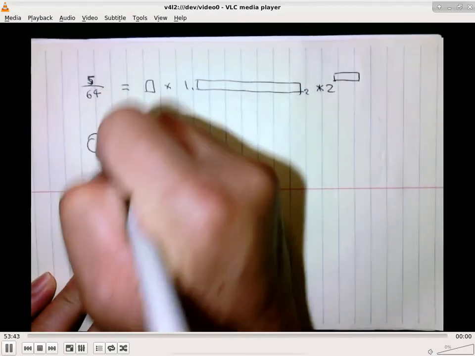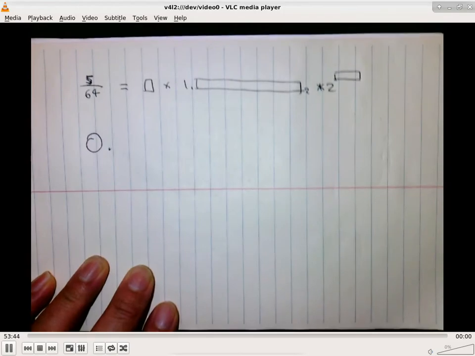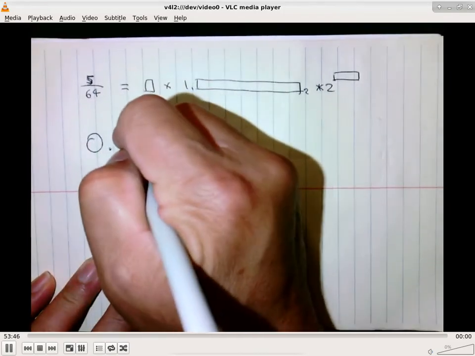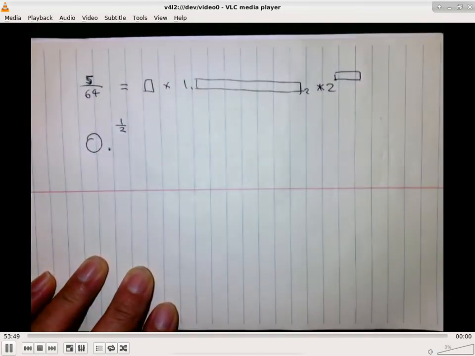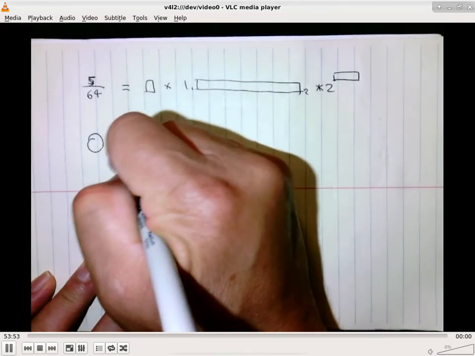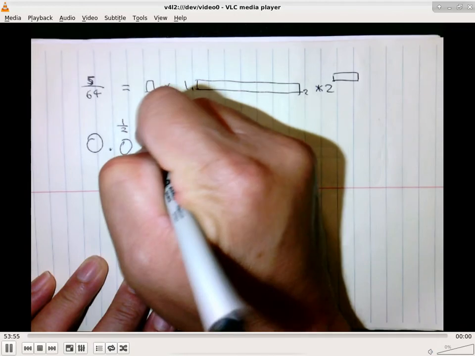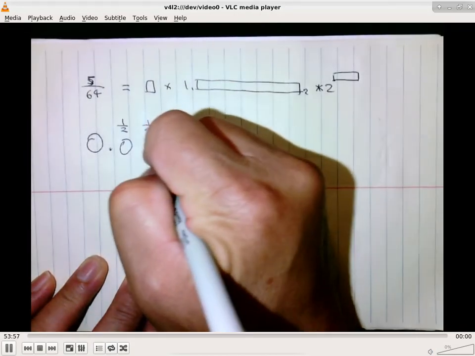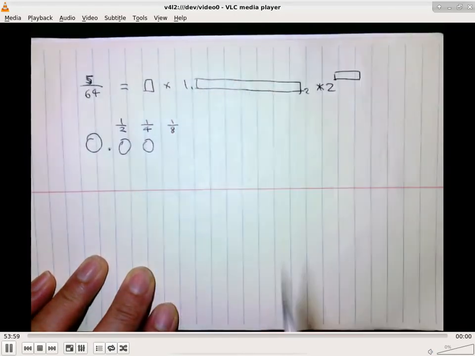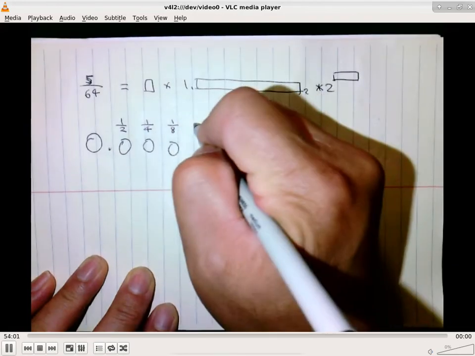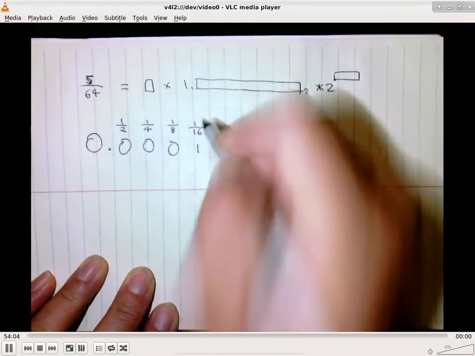So we know it's less than 1, so we have 0 point something. Is there a half in 5/64? Nope. Put the 0 here. Is there a quarter? Nope. Is there an eighth? No. Is there a 16th? Yes.